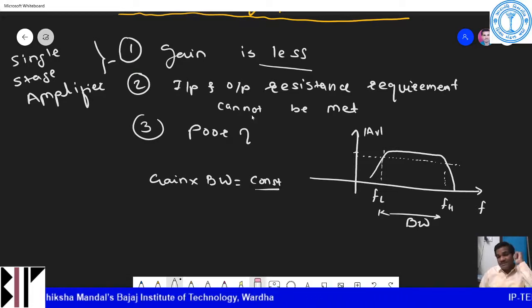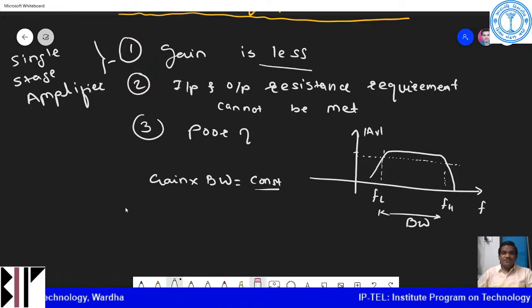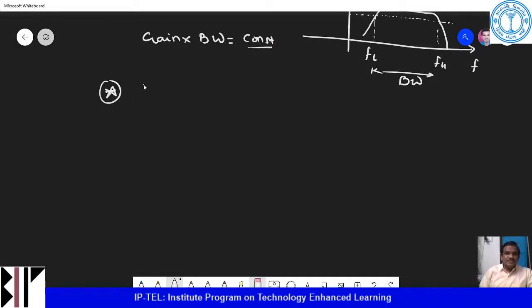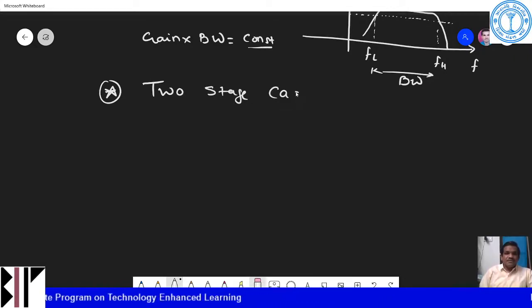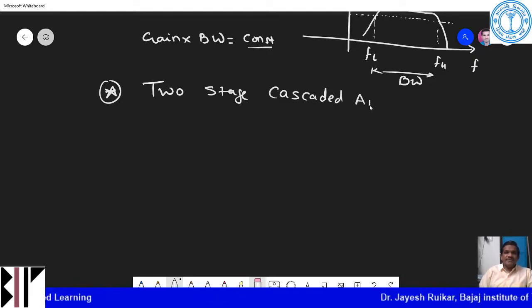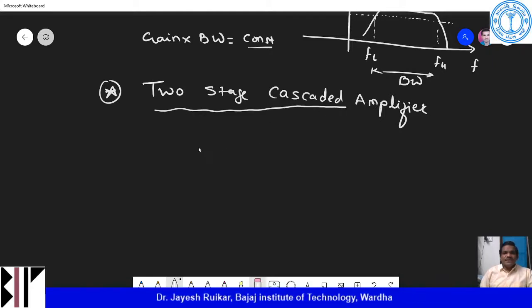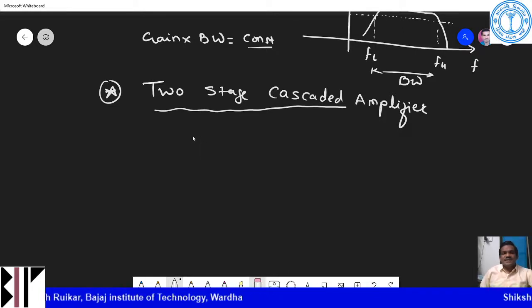So first we will see a two-stage cascaded amplifier. I will draw the diagram of the two-stage cascaded amplifier.